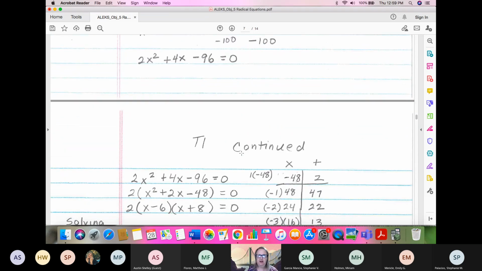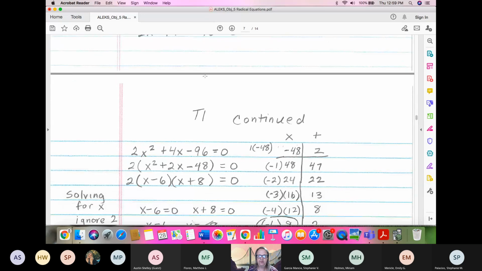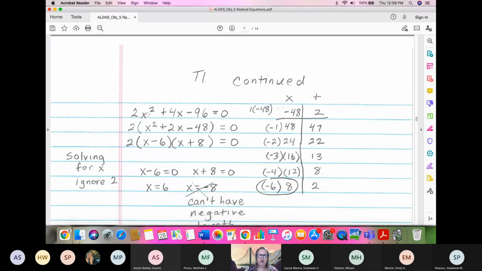Let's continue to solve. So I just copied this down here on the next page exactly as you see it at the bottom of this page. Let's factor out. 2 is even, 4 is even, 96 is even. Let's factor the 2 all the way out front to make our life easier.